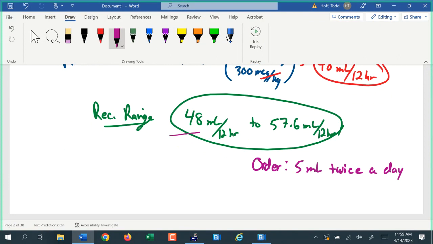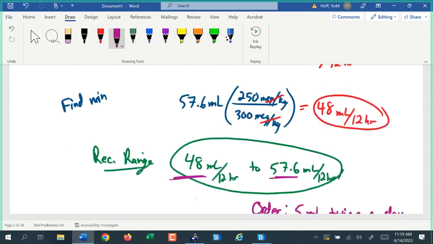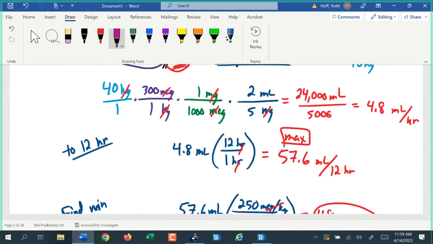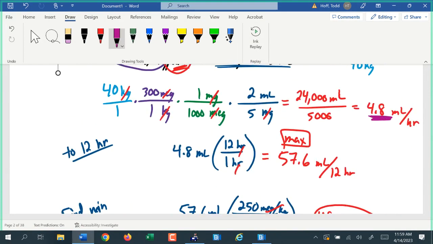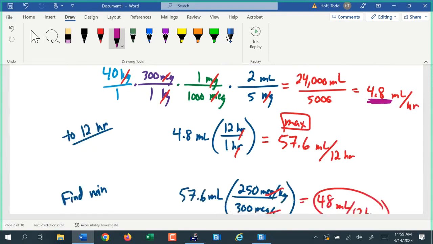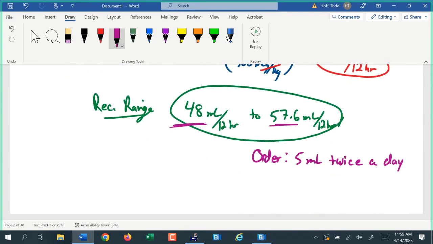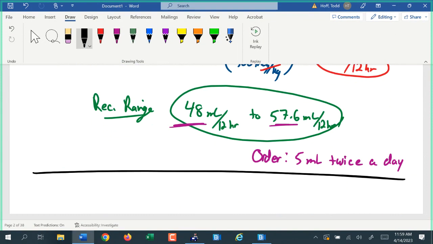It's way outside this recommended range of 48 to 57. So check to make sure, did the doctor mess up and write down twice a day when they meant it was every hour? Of course, even every hour, it's a little large because 4.8 per hour would have been the max. But something appears to be off in this. So again, you'd have to double check with the doctor and get some sort of advice on how to correct that dosage.